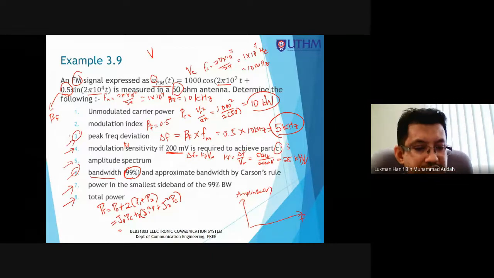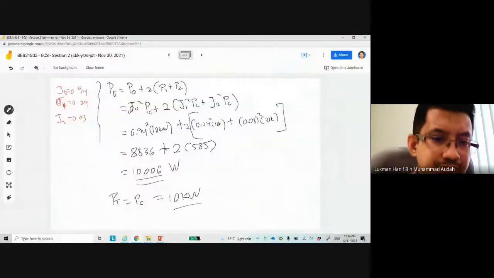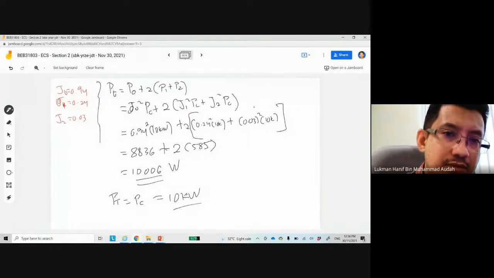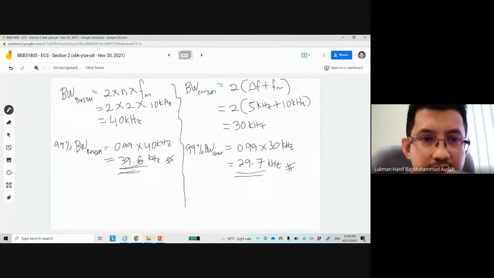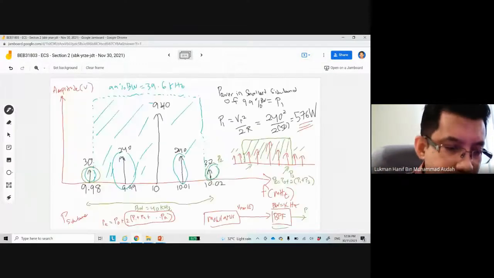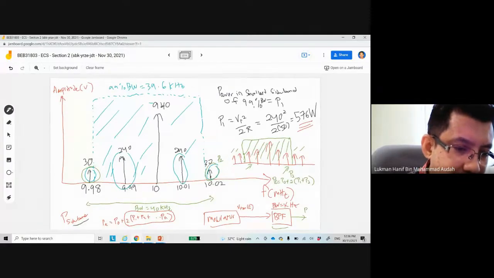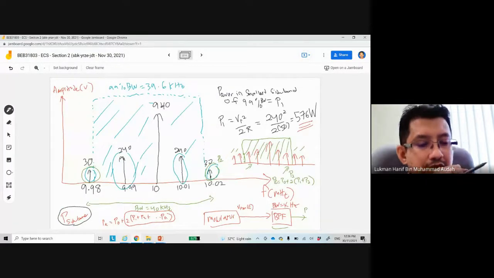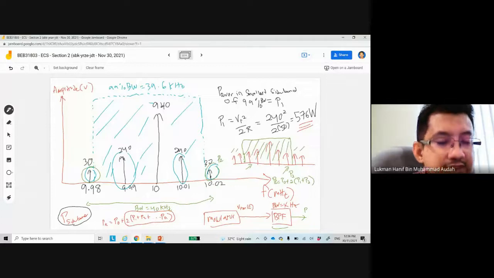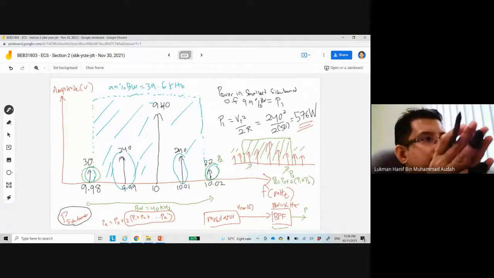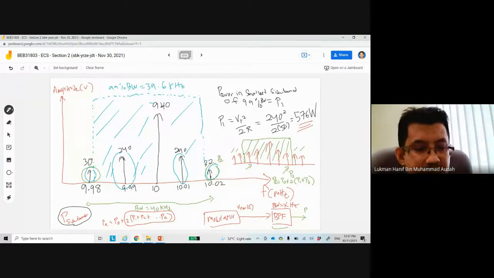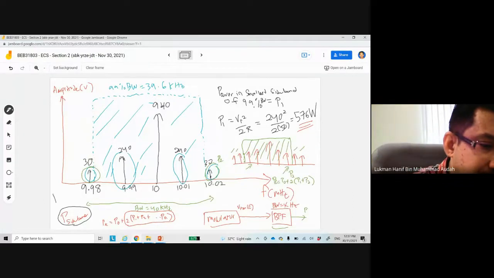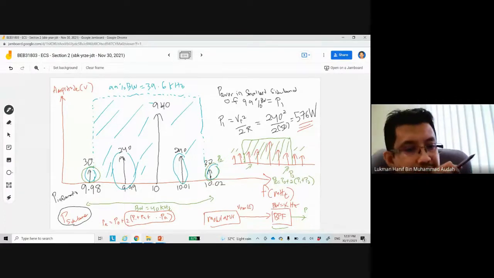So macam saya cakap tadi sekejap, P sideband ataupun pernah juga ditanya sideband power is the power of the sidebands. Another one is P information. Apa maksud dia?